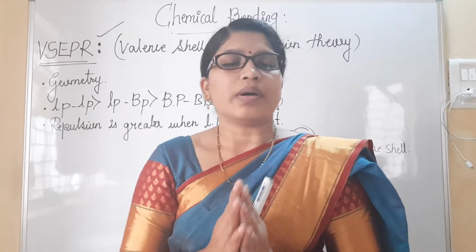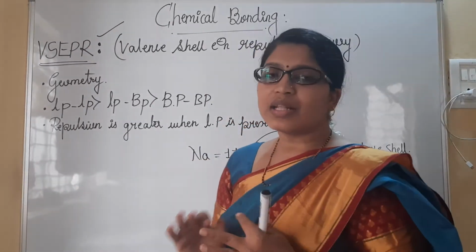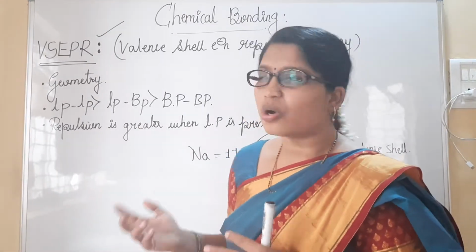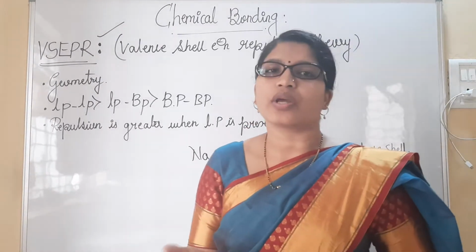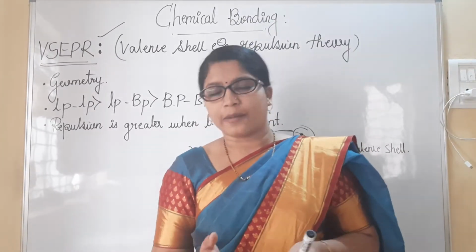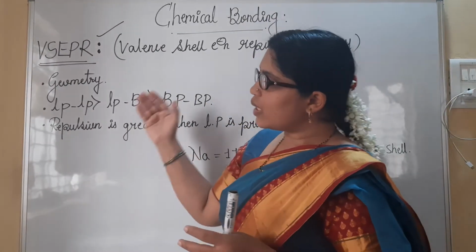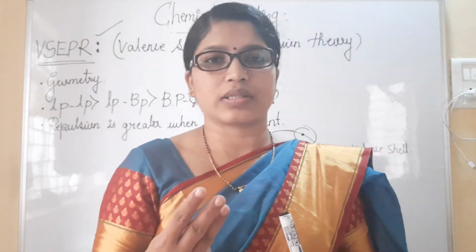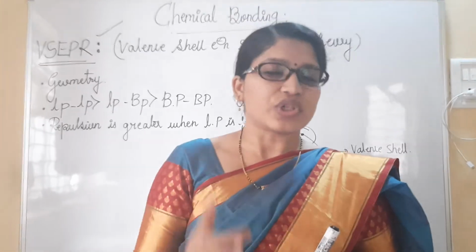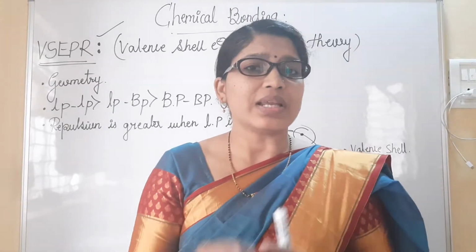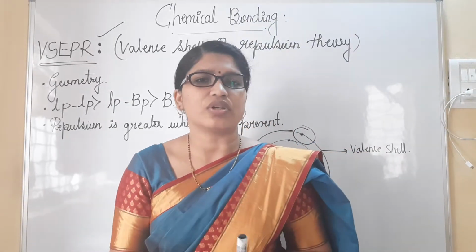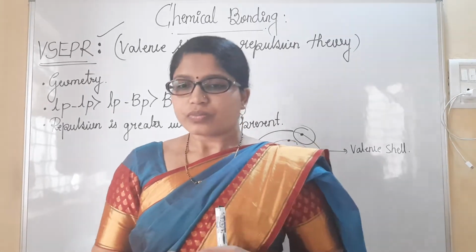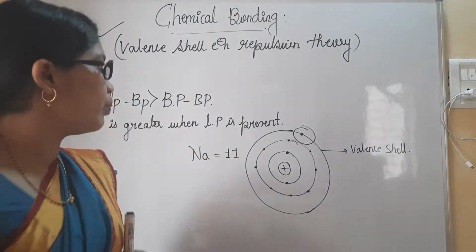Students, do remember the postulates of valence shell electron repulsion theory, or generally I can call it VSEPR theory, whatever you want to pronounce. The postulates given here are going to be asked for 3 marks. This theory is important. Postulates can be asked for 3 marks. Many a times they have been asked, and in future also they will be asked in your examination. Now let us begin with the points.